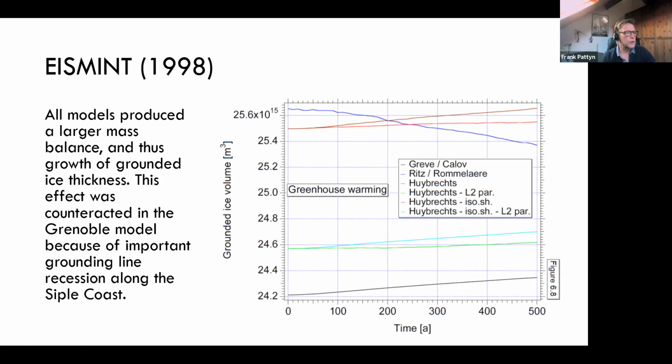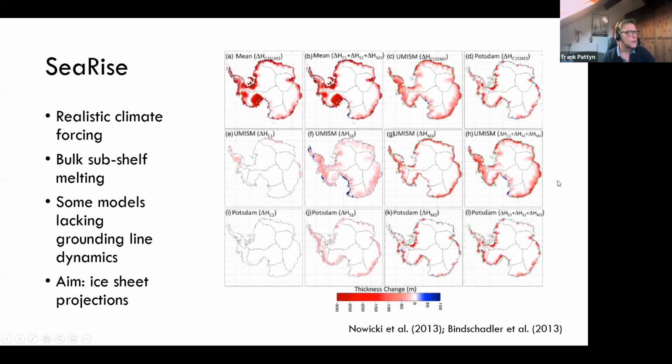Again, these models were at a very coarse resolution, and that was before we understood a bit better how grounding lines worked. Another experiment that followed, another ensemble or another intercomparison, was sea rise. That was for AR5, eh? Yeah. Am I right? So that had a realistic forcing for the climate, but a kind of bulk subshelf melting.